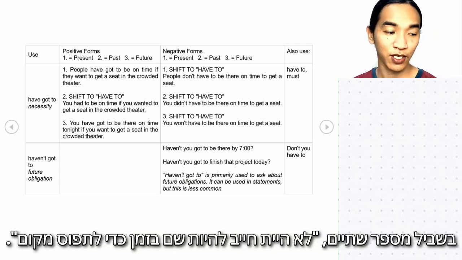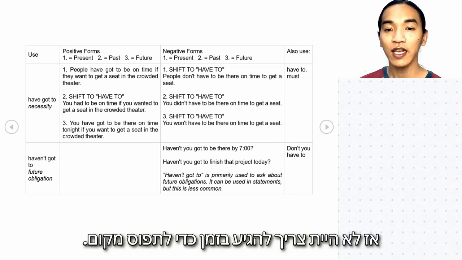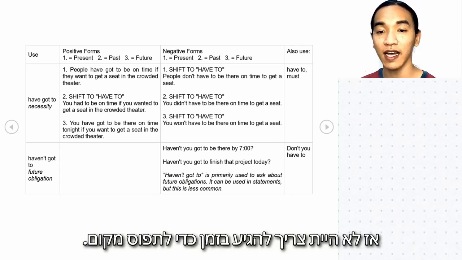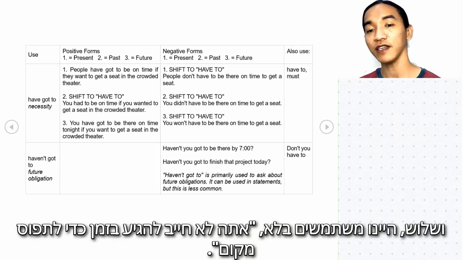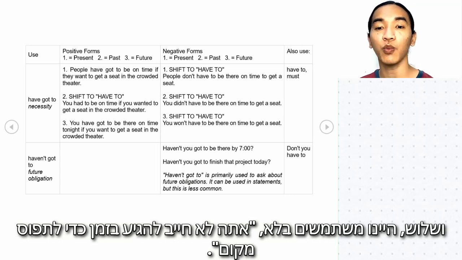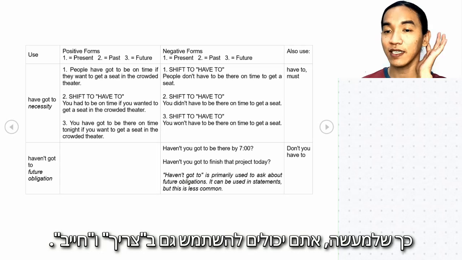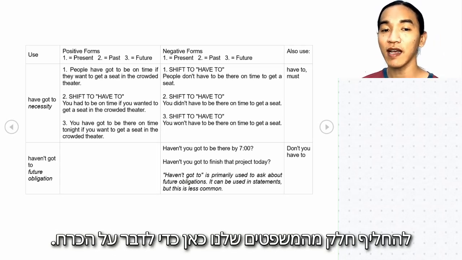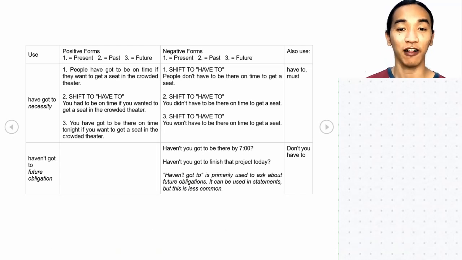For number two, you didn't have to be there on time to get a seat. So this is negative form. And for number three, we would use won't. You won't have to be there on time to get a seat. In fact, you can also use have to and must to replace some of our sentences here to talk about necessity. All right?